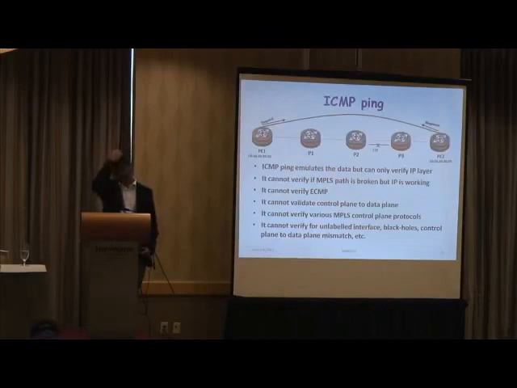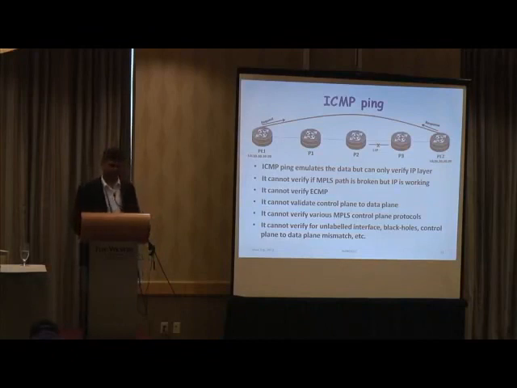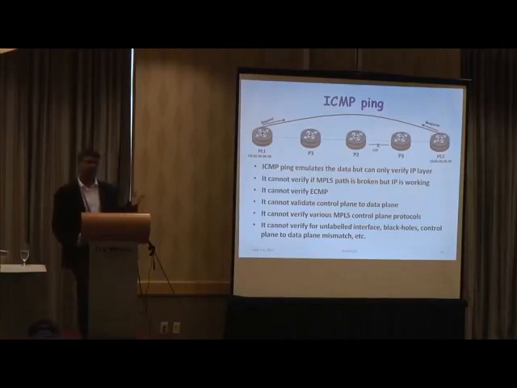So what is the problem with ICMP ping? You could have the ICMP packet encapsulated and sent just like a data frame. But what if the LSP between P2 and P3 is broken? Usually what happens is P2 will pop the labels, punt, and do an IP lookup, and if the IP route exists, it forwards the packet to PE2.